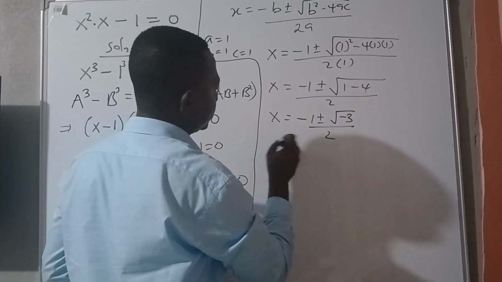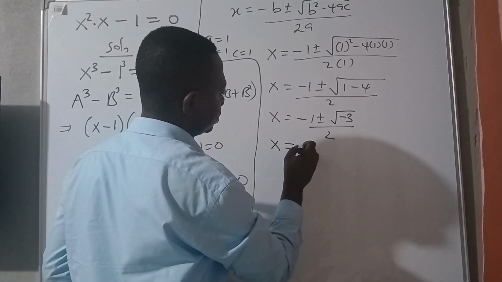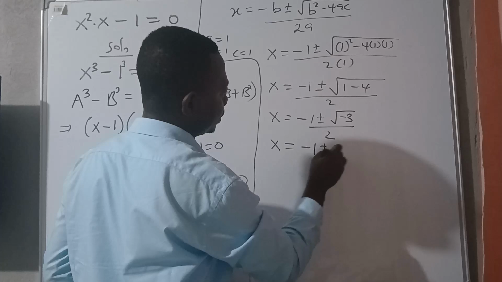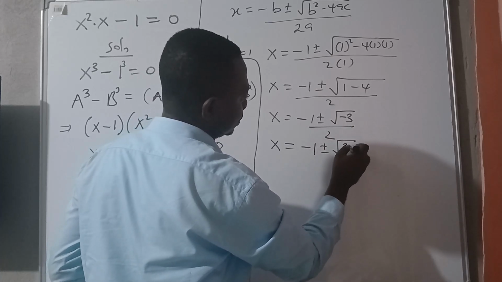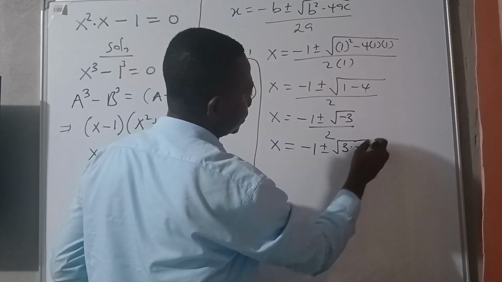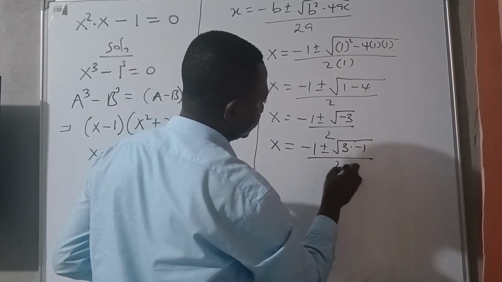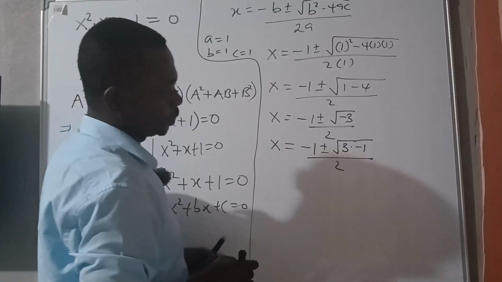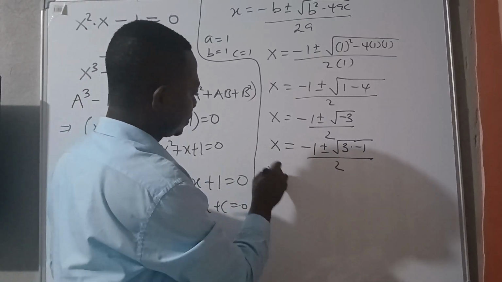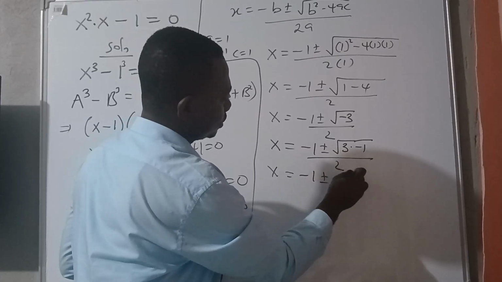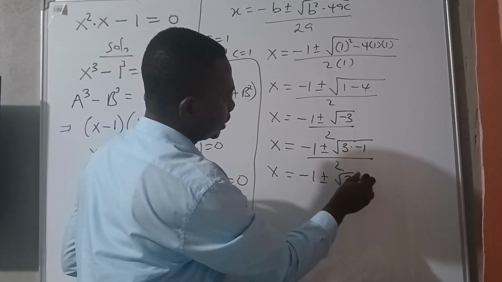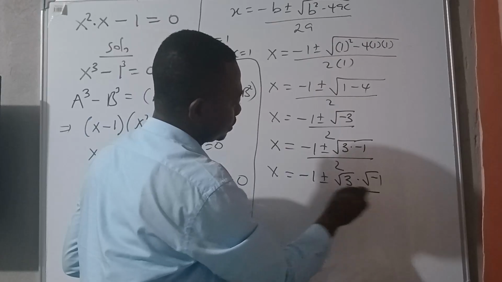So what I will do here is x equals minus 1 plus or minus the square root of 3 times minus 1, on 2. So we have this, the same as minus 1 plus or minus the square root of 3 times the square root of minus 1, on 2.